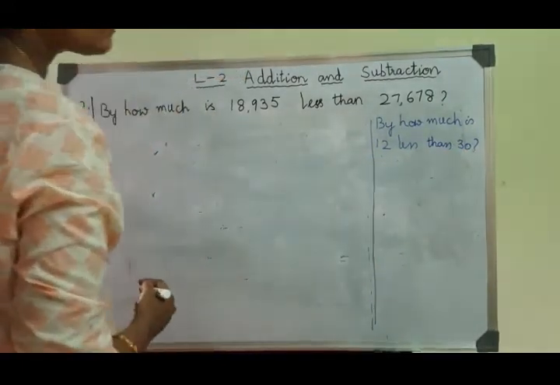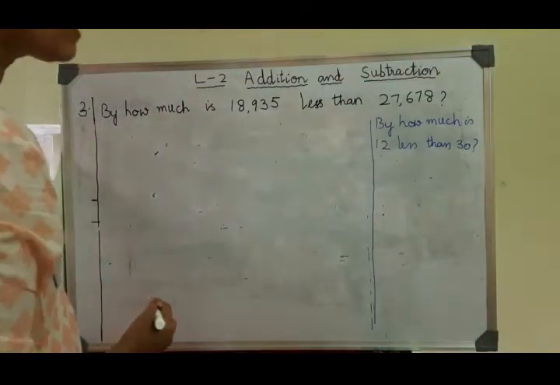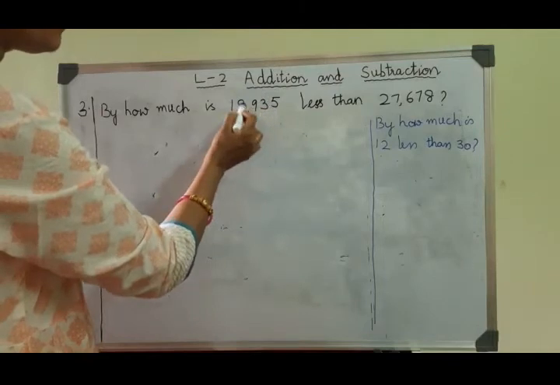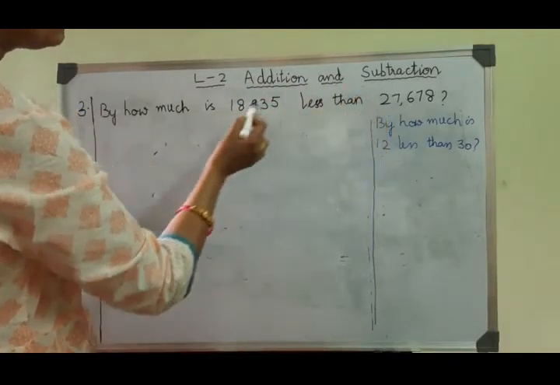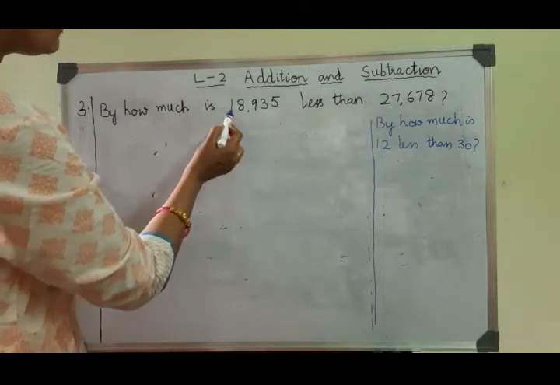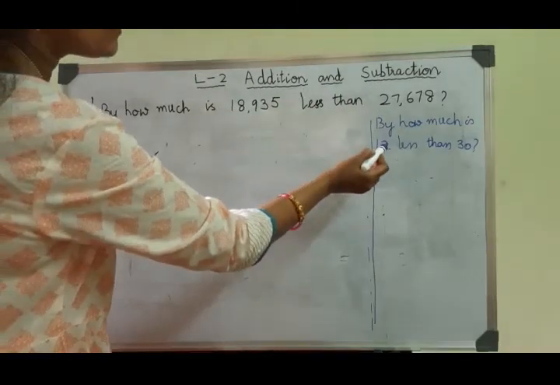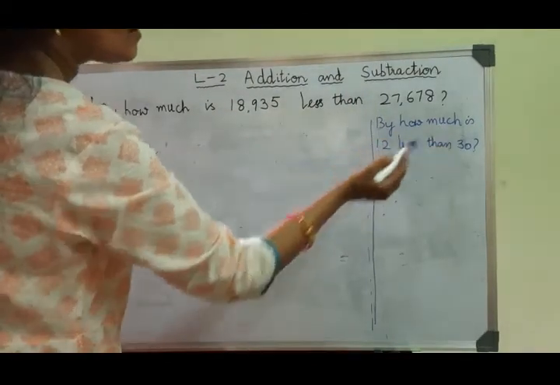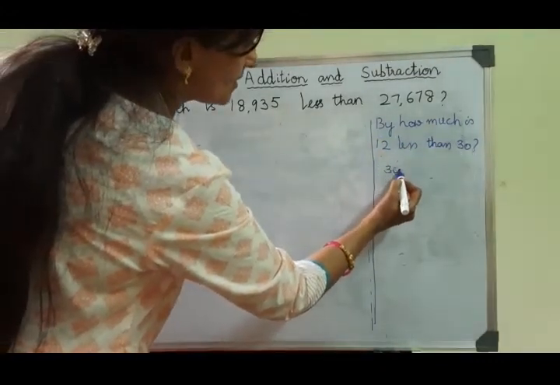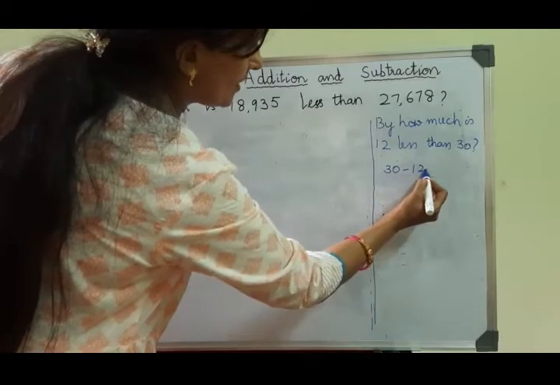How will you get the answer? Compare this question to the previous sum. There the greater number was written first, then the smaller number, and they asked how much greater it was. Now the lesser number is written first. How much is it less than the greater number? We have to answer. You have to subtract the smaller number from the greater number.